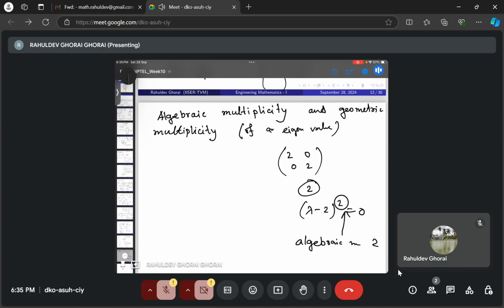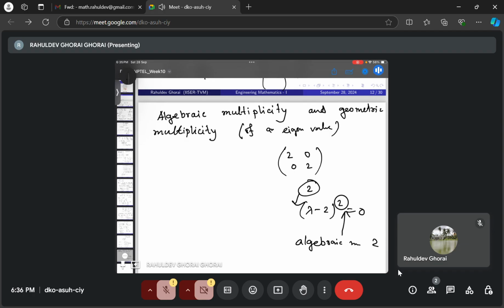If you say it in the precise mathematical way, the algebraic multiplicity is the number of times an eigenvalue appears as a root of the characteristic polynomial.